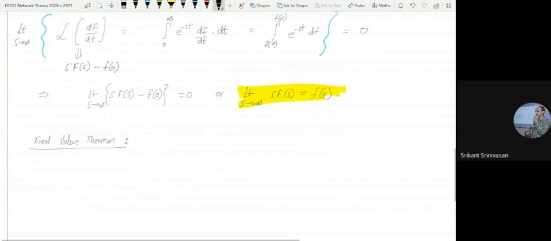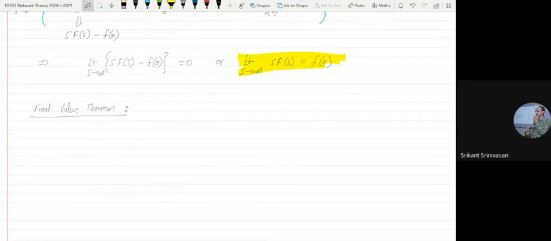So let's say that I have to take the df by dt. So integral 0 to infinity e power minus st df by dt into dt. Okay. And now I'm taking limit as s tends to 0.